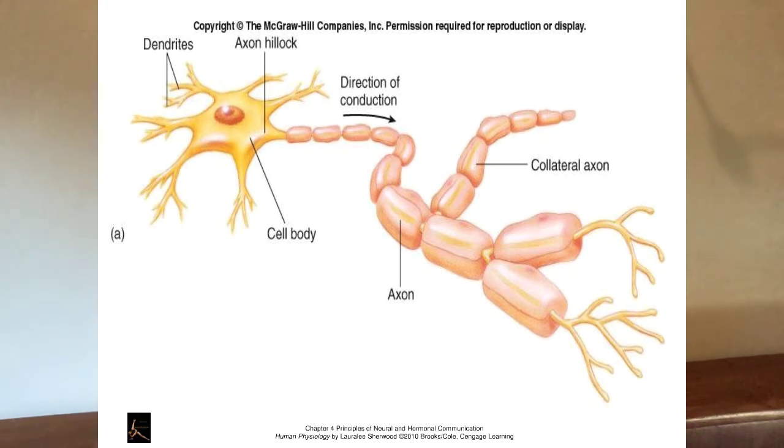Okay, and you can see that axons can split. They form collateral axons, and so if an action potential is traveling down the axon, it will also travel down the membranes of those collateral axons, also at the same speed and with the same strength.